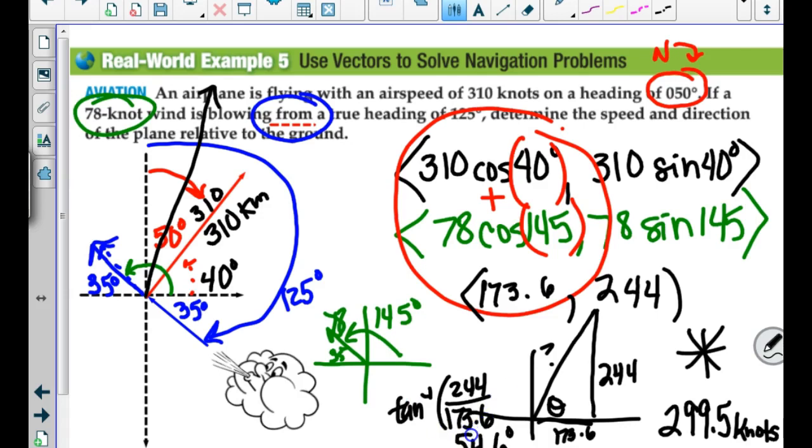Okay. That's not the bearing. How could we find this bearing off of north if this angle in here is 54.6? How about just 90 minus that? Yeah, because this is a 90, right? Yes, the angle off of north. So 90 minus that 54.6 is 35.4.